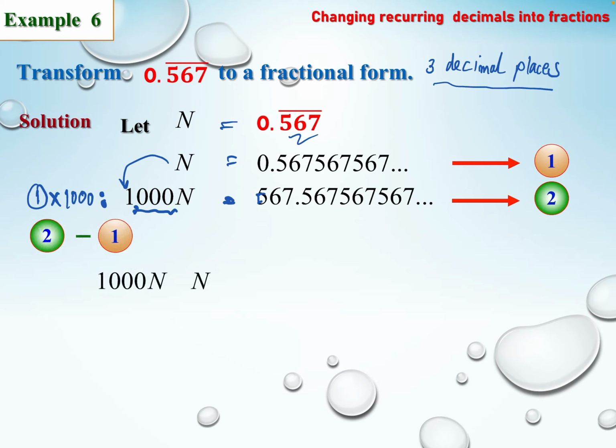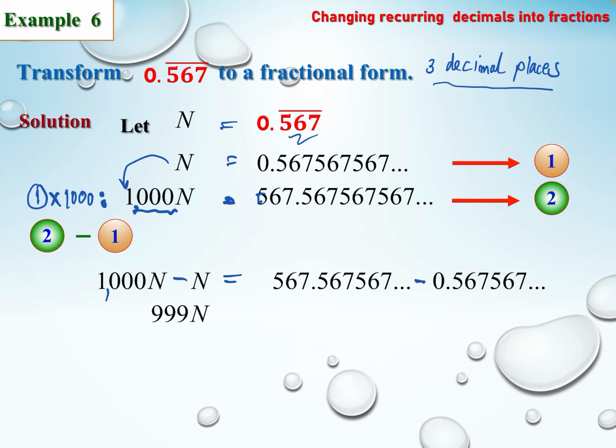What do we have? 1000n minus n is equal to, in the right hand side, 567.567 minus 0.567567. 1000n minus 1n equals 999n, which is equal to 567 because the repeated decimal is gone.